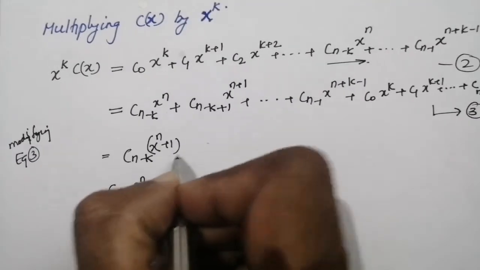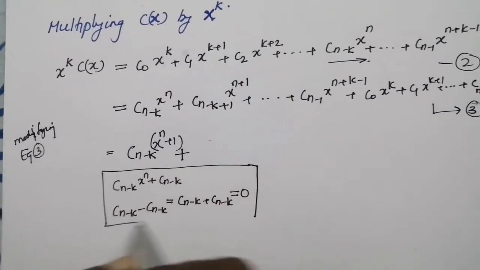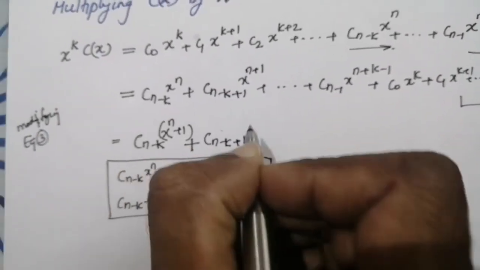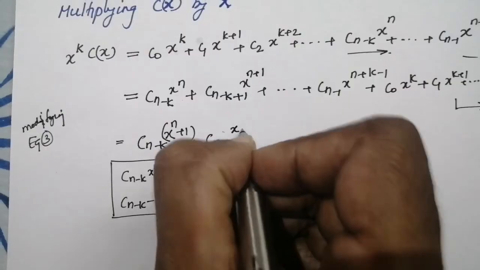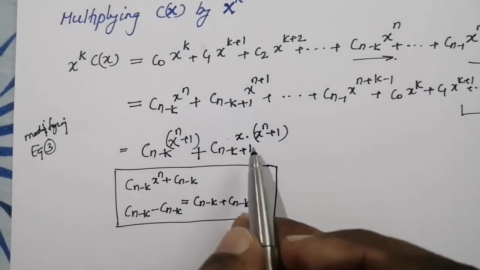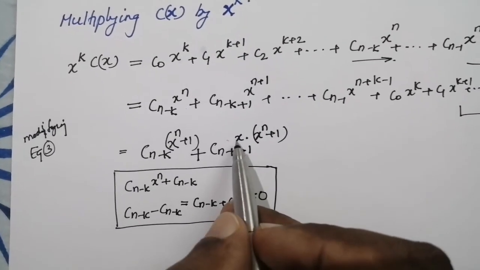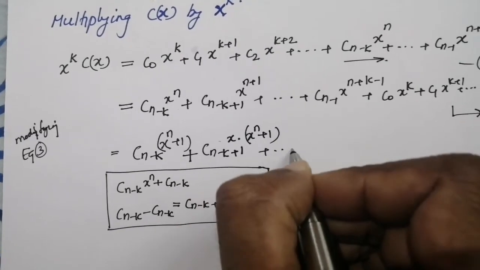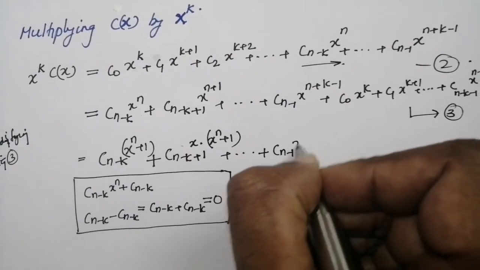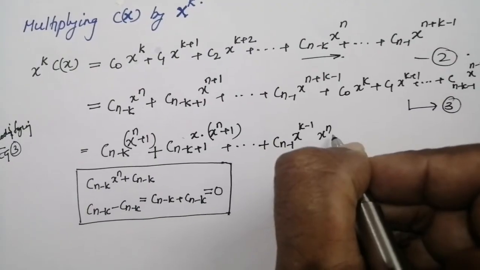Okay. Now, how will you write the second term? Plus, so this I will put in a box. Plus C n minus k plus 1 into x raised to n plus 1. That is, you have purposefully added an additional term of C n minus k plus 1 into x plus etc. plus C n minus 1 x raised to k minus 1 x raised to n plus 1.